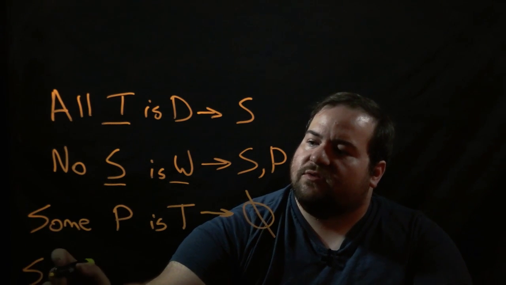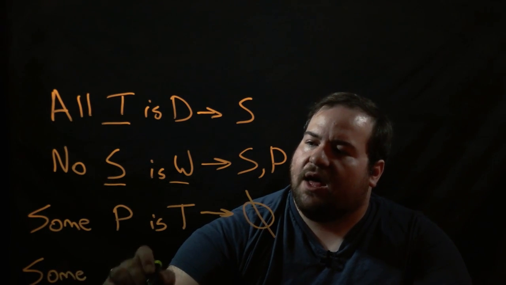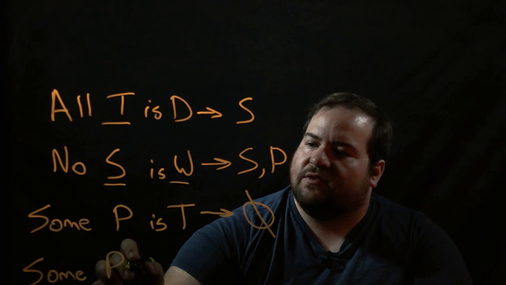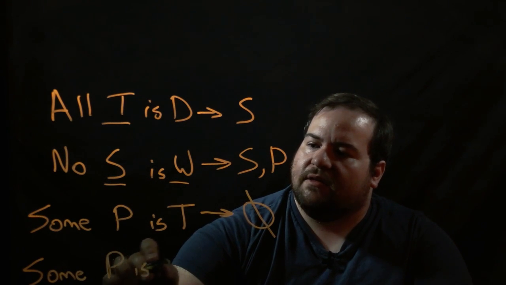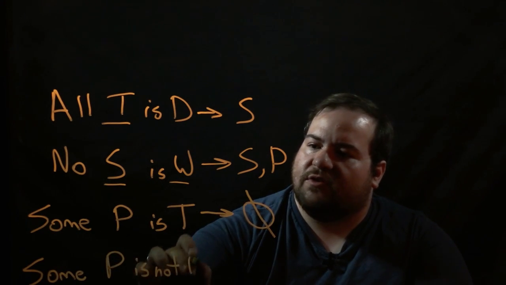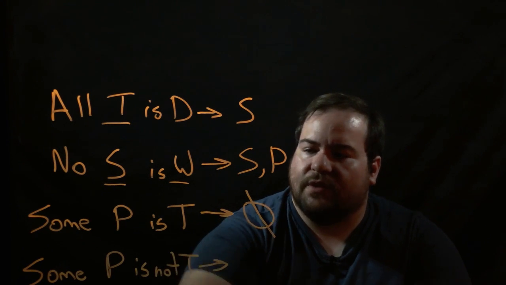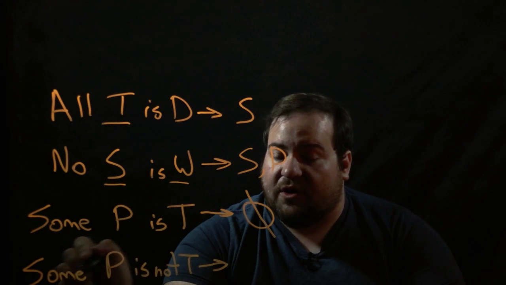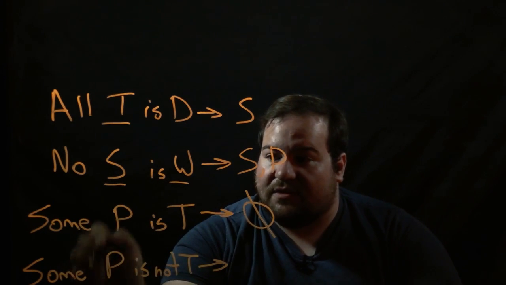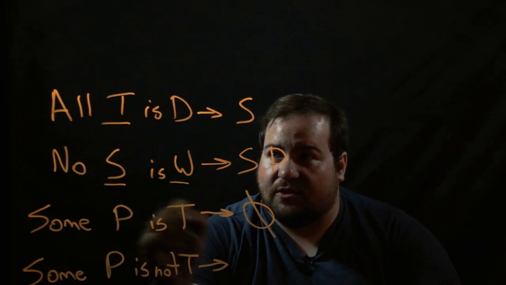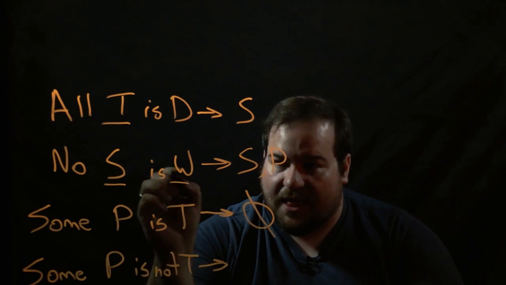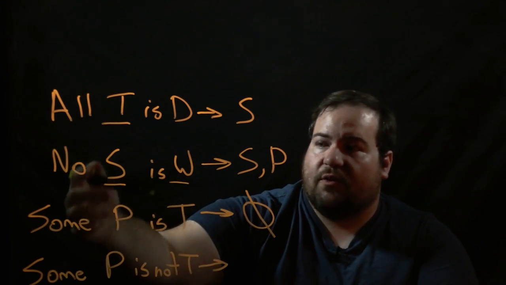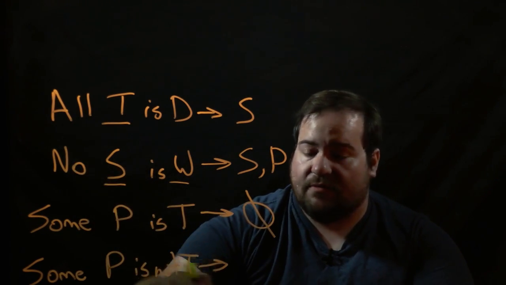But when we get to some are not, let's say some pretzels do not make me thirsty. Well, what's distributed? Well, because it's a some statement, I know that the some part of it doesn't pertain to either side of this in the same way that it would if it was a no or an all statement, right?